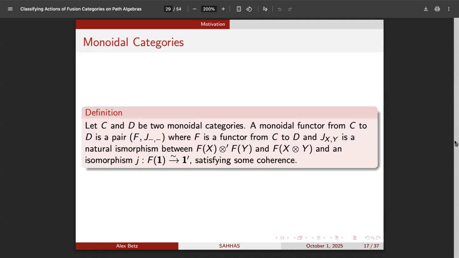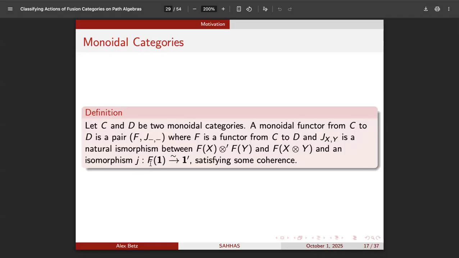To define it, I have to specifically say this is my natural isomorphism. So it's a pair (F, J), where F is a functor and J is a natural isomorphism. Whether we tensor and then map, or map and then tensor, these are naturally isomorphic via J, and we need to also send one to one.